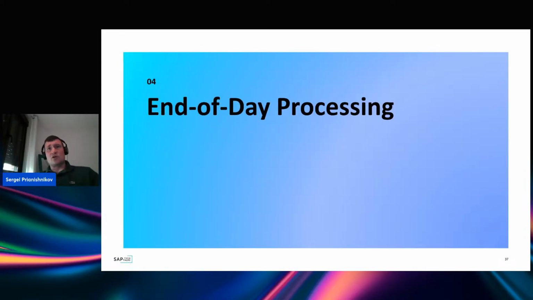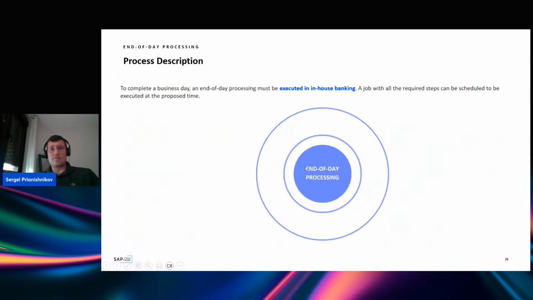Now let's talk about the final scenario of today's demo. This is end-of-day processing. At the end of each working day, several routine procedures must be carried out in the In-House Bank module. Let's discuss them one by one. First step is set posting date.